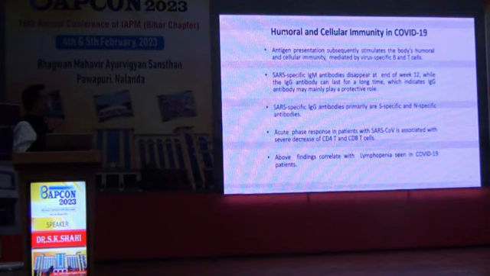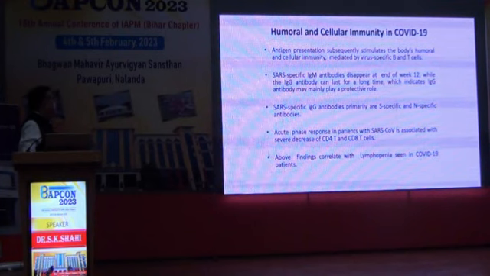Coming to our own cellular immunity in COVID-19, which is the most important one, the antigen presentation subsequently stimulates the body's humoral and cellular immunity, mediated by the virus-specific cells.